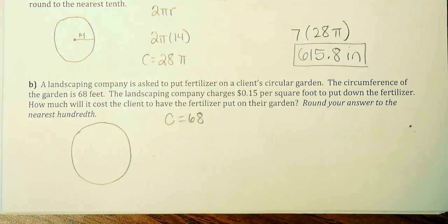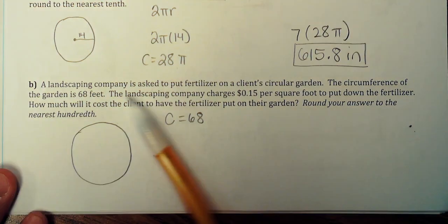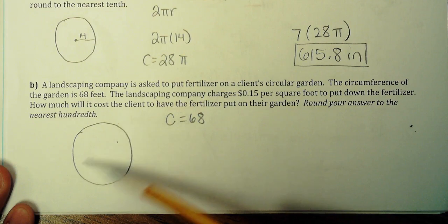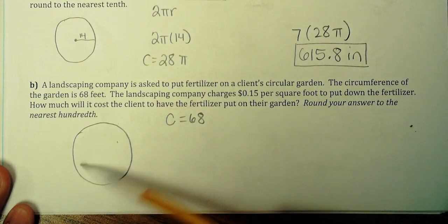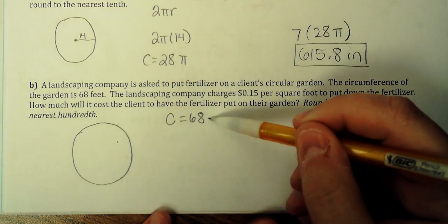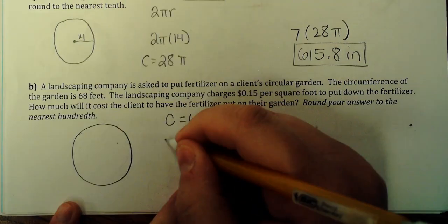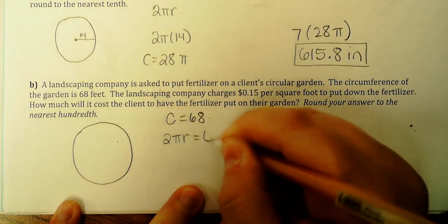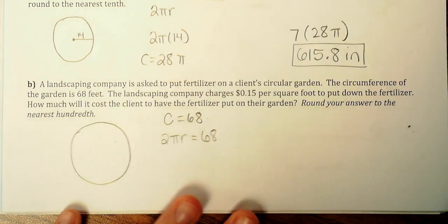Now, if I'm spreading fertilizer over this garden, I would need to cover all inside there, so we're talking about an area here. The tricky part to this question is that they give you the circumference. So let me write down the circumference formula, and I'm going to work backwards here.